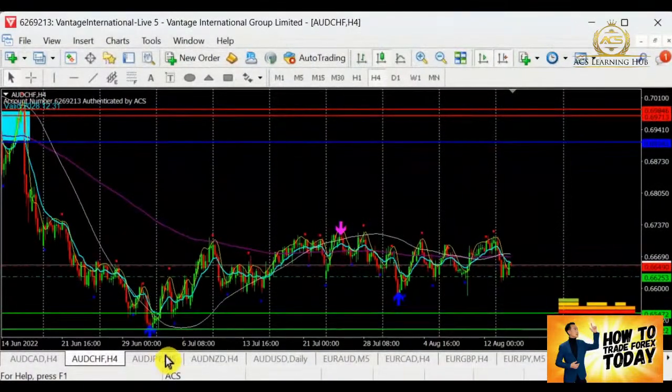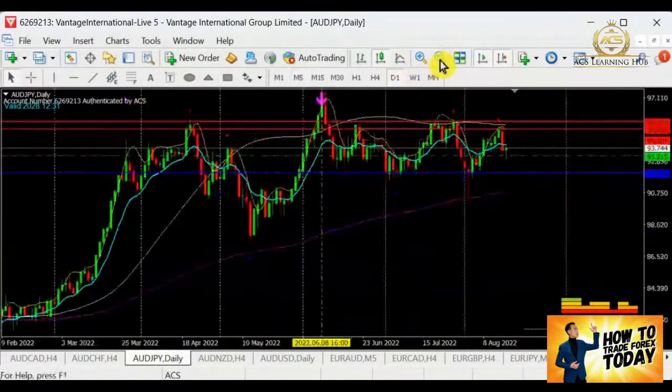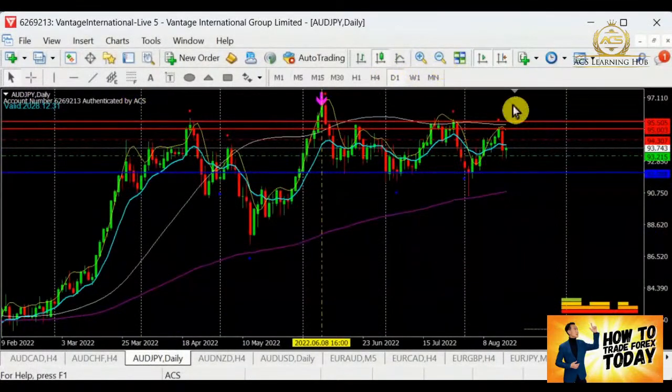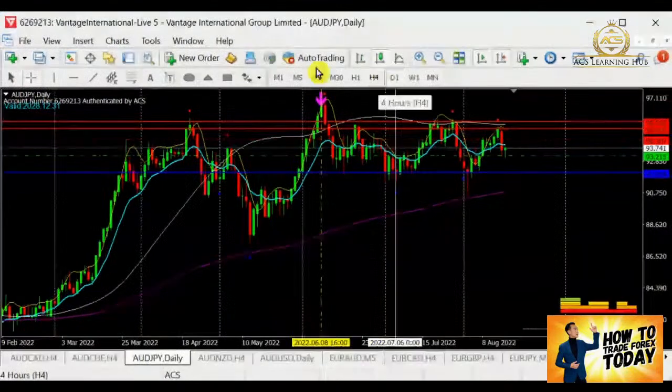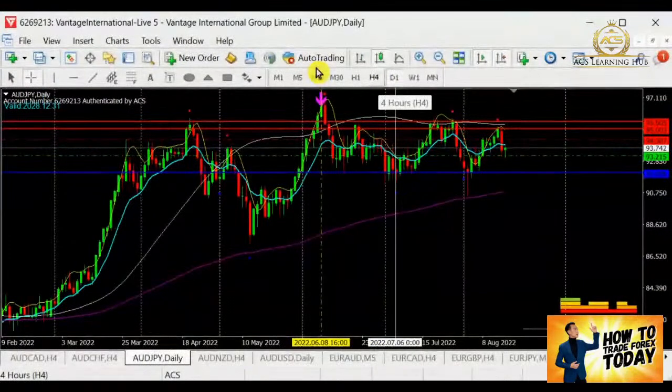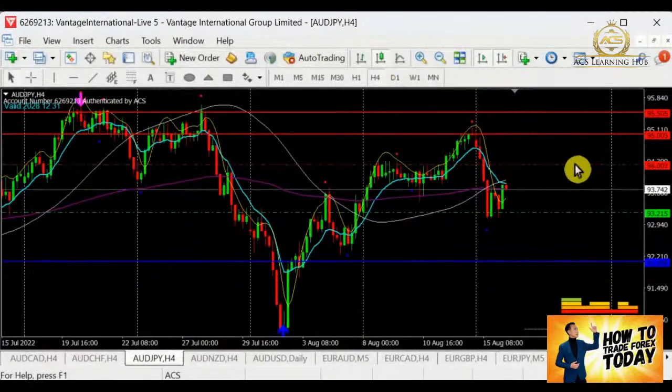Alright, so Aussie yen. Let's take a look at Aussie yen. Yesterday we were looking at Aussie yen to sell, and yesterday it sold, and today there seems to be a retracement. We are still in the bear. So will there be any chance that we will be able to sell? Let's take a look.